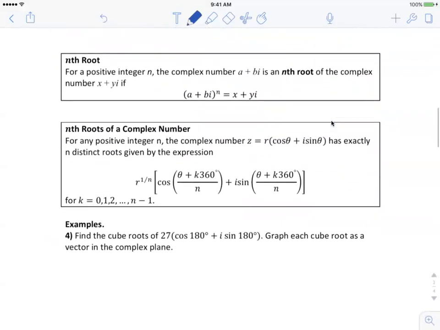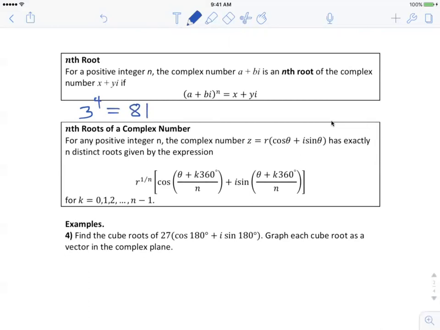Okay. Finally, we're going to get into some nth roots of complex numbers. All right. This is getting crazy, right? So what is an nth root of a complex number? It's a value such that if you take it to the nth power, you get that number, right? You know nth roots with real numbers, like for example, 3 to the 4th power is 81.